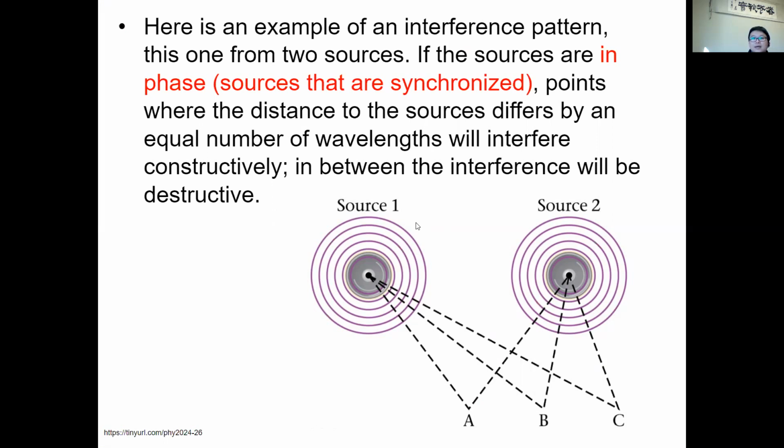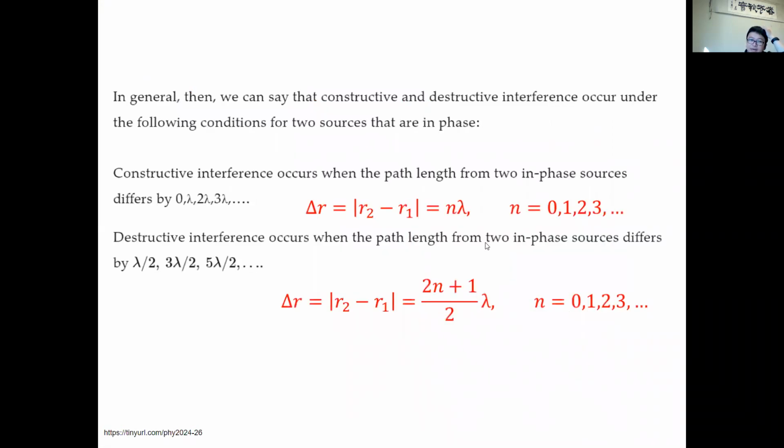If you have two waves that come out of two sources, and the two sources are in phase, that means they give out identical waves in terms of phase. They will add up, or interfere constructively, if their paths differ by an integer number of lambdas. Delta r means their path difference, so that equals path one minus path two, the path of wave one minus the path of wave two.